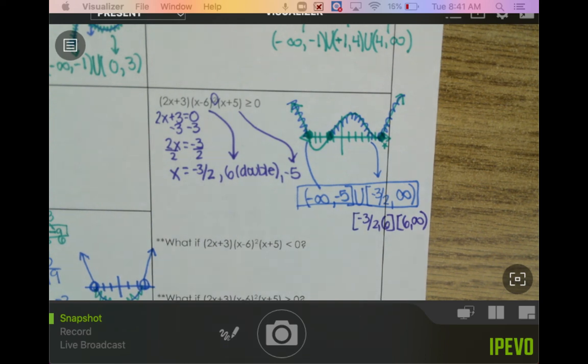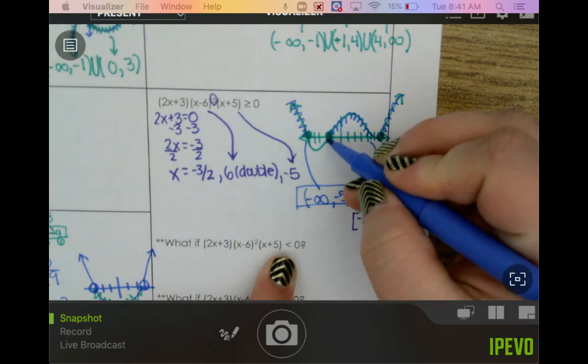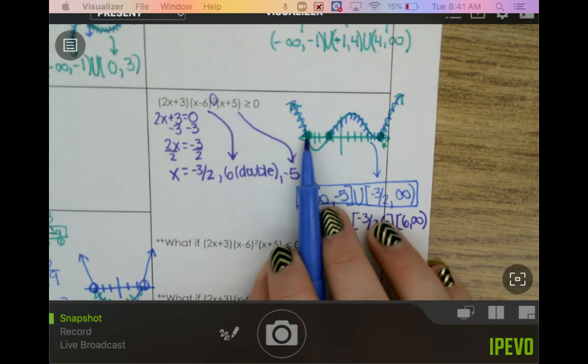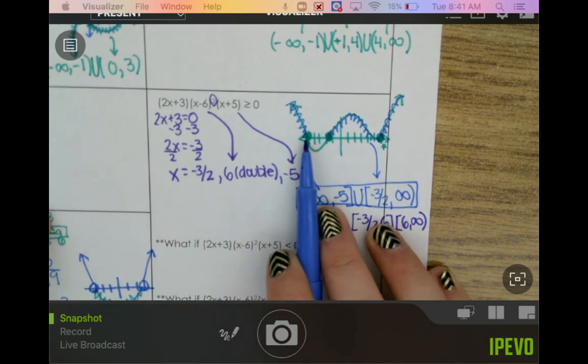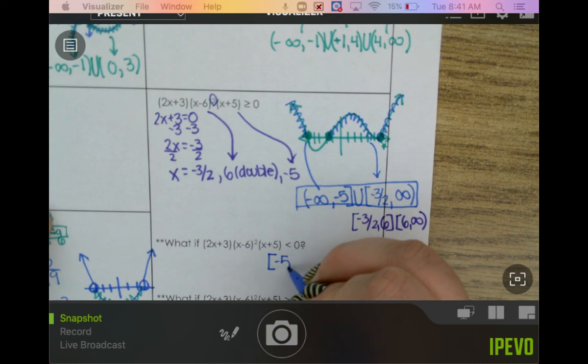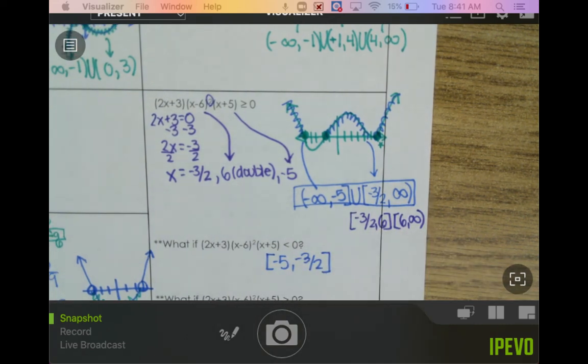Okay, if it were to have said less than 0. That would be this part in between right here, and that's it. Just this one little loop that goes under from -5 to -3/2. And they would both, again, have brackets because they're closed circles. Either all of the circles are open or all of them are closed because they all come from the same original.